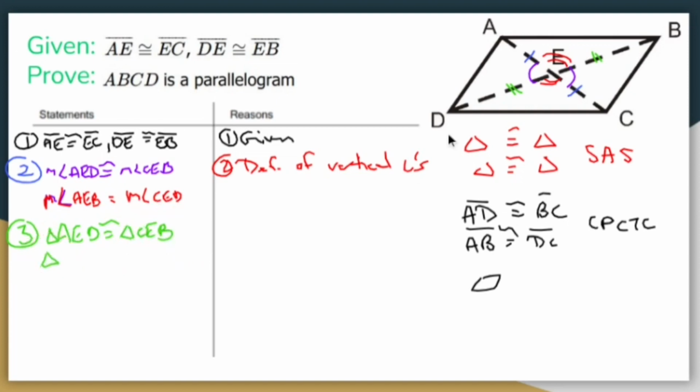And I can also say that triangle DEC is congruent to BEA. And the reason for that is side angle side postulate.